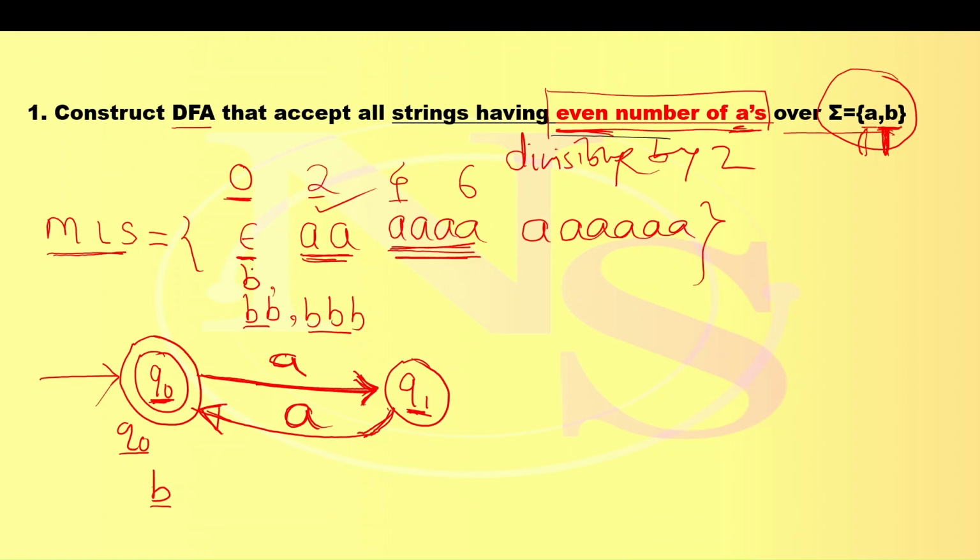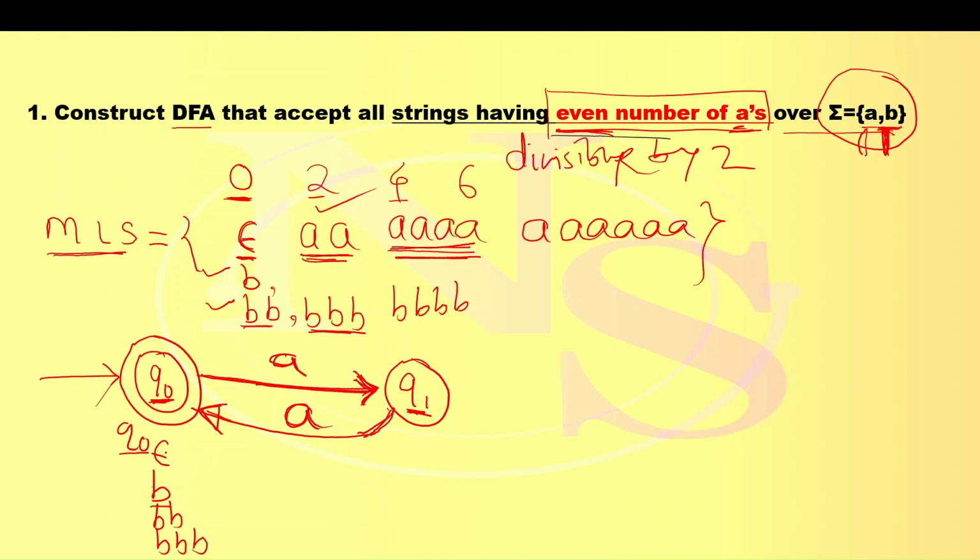Yes, a single B contains 0 number of A's, valid. A double B contains 0 number of A's, a valid string, because 0 is even. Same with 3 B's, same with 4 B's also. So write down that one. I am looking for double B, I am looking for triple B. If there are no B's, that is also fine. It means epsilon. Epsilon contains neither A nor B.